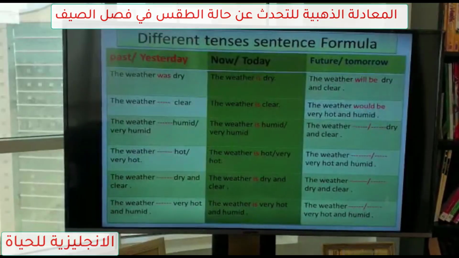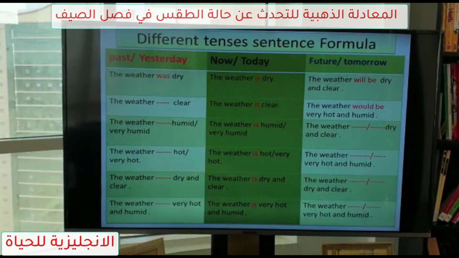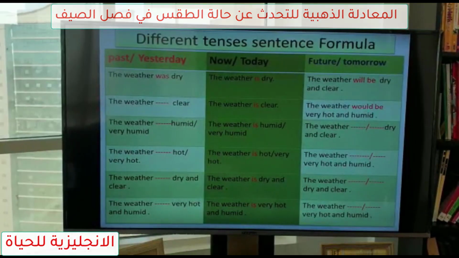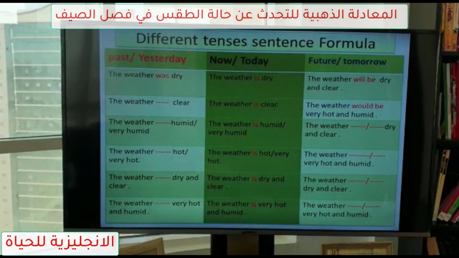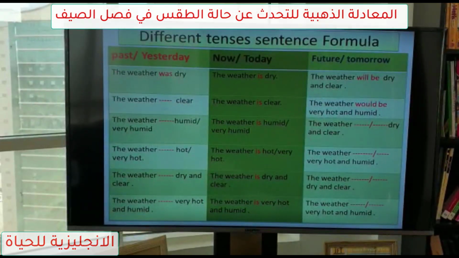What if you want to describe the weather in the past, yesterday, or tomorrow in the future? Here we will come back to the different tenses sentence formula, the same formula, but I will provide it with the three cases: past or yesterday, now or today, future or tomorrow. If you look in the middle of the table, this is the basic formula: present, now, today.